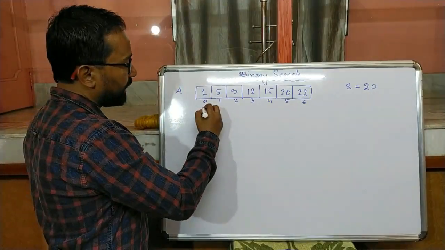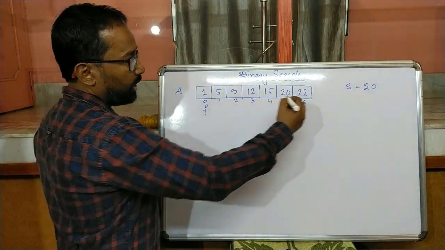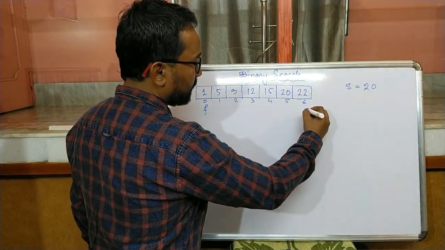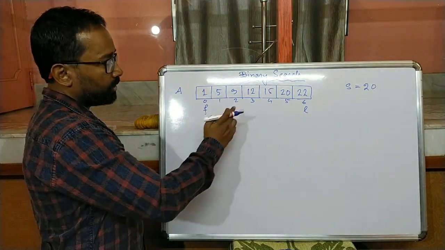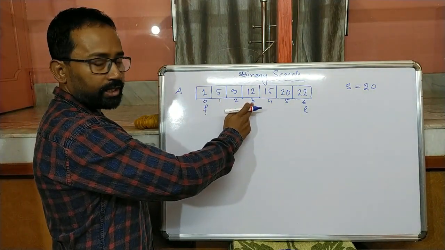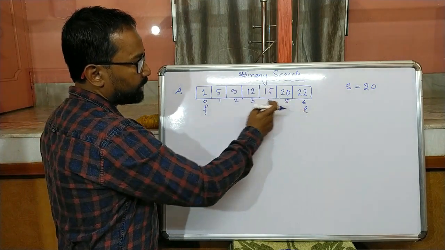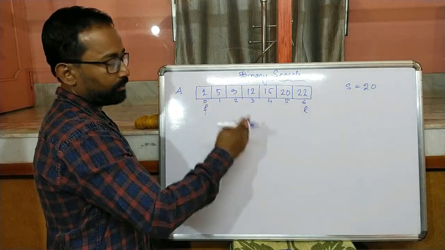The first index of the array is F, which is 0, and the last index of the array is L, that is 6 in this example. We have to find out the middle element. The middle element's index is 3. How are we getting that? First index plus last index divided by 2, taking the floor value of that division.